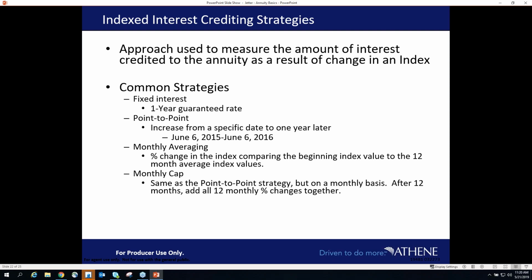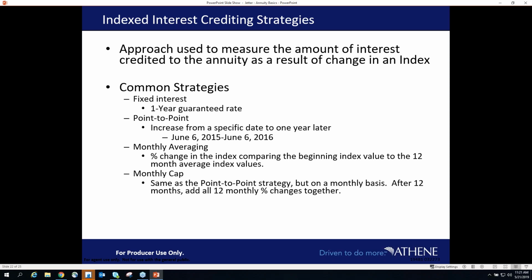We're going to take a look at where the index is on the anniversary date, and then the increase from a specific date to one year later. For example, if the contract was issued on June 6th, we would take a look at the amount of gain between June 6th and the next year, and then the client would get that amount of gain based on how the index performed.